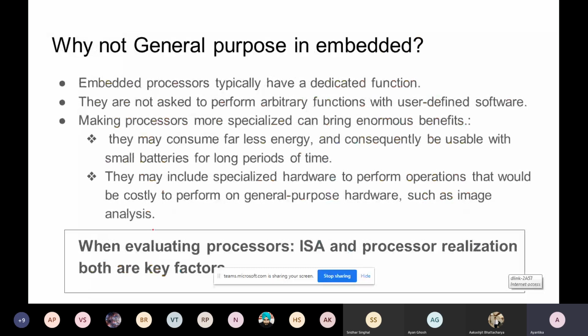Now, this is quite understandable, that in most cases we do not use general purpose processors in embedded scenarios. Or if I reframe the question another way, can I use general purpose processing in an embedded scenario? Because when we come to embedded applications, our main objective is a dedicated function implementation, a dedicated specification implementation.